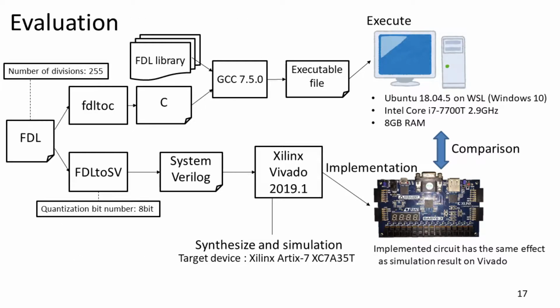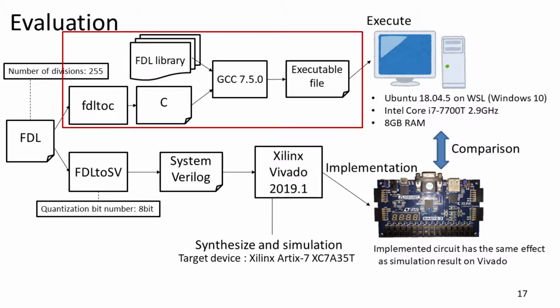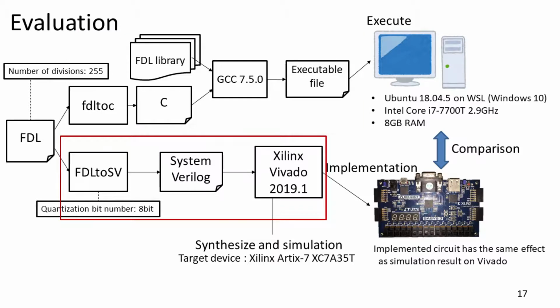As an evaluation, we made a comparison between software implementation result using C program generated by FDL2C and FPGA implementation result using SystemVerilog generated by FDL2SV. In addition, we also evaluate their circuit area and calculation error.